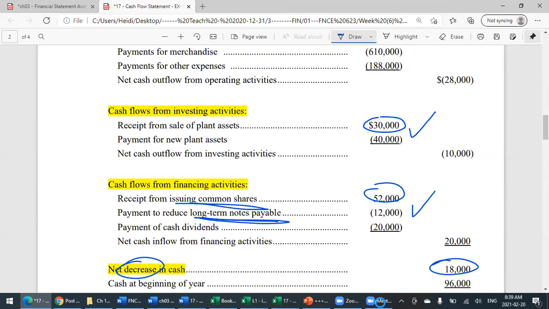You can tell that the company is deciding to use the common shares to replace the long-term notes payable. Agree or not, right? Exactly. If you're preparing a cash flow statement, you can really see the action that they're taking, just like the action here, or the action here, right? Yes, go ahead.